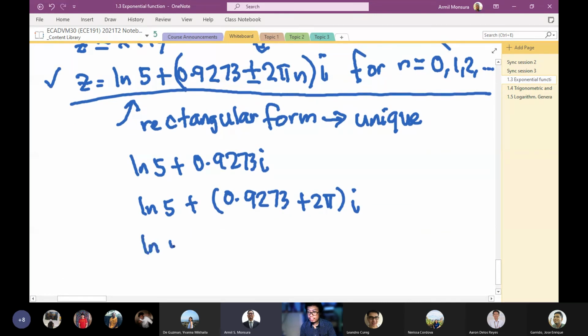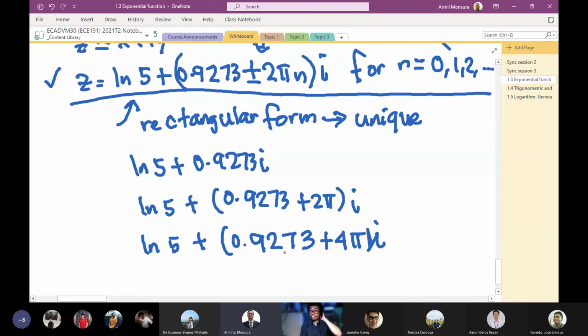And so is ln of 5 plus 0.9273 plus 4 pi times i. Okay, and so on. Bawat isang yan ay unique number.